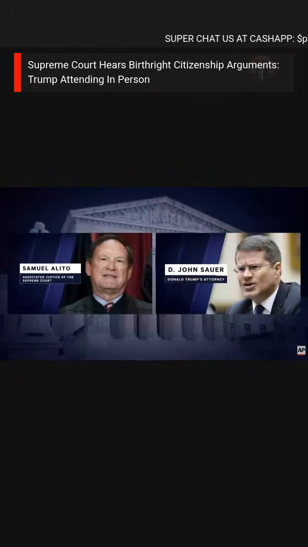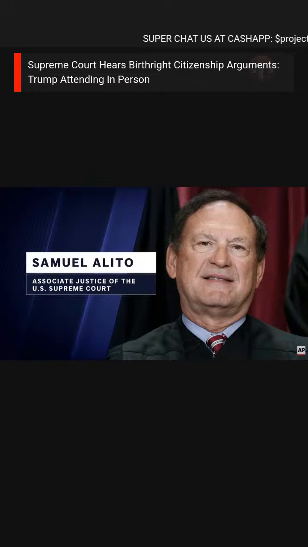Under the minimum definition of domicile, which I think existed in 1868 and continues to exist today, a person's domicile is the place where he or she intends to make a permanent home. Now, normally you would think that a person who is subject to arrest at any time and removal could not establish domicile. But we have an unusual situation here because our immigration laws have been ineffectively and in some instances unenthusiastically enforced by federal officials.